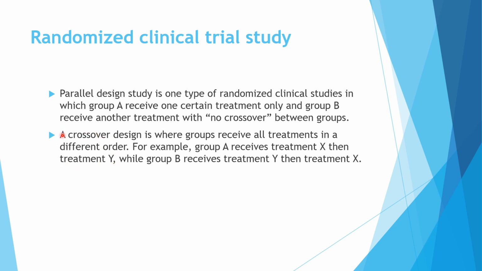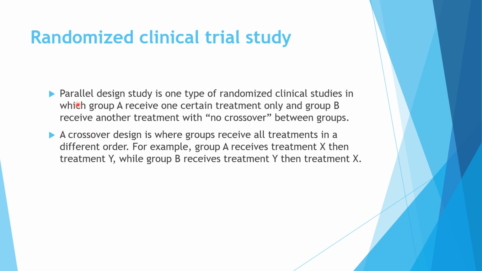It may be used, for example, to compare two medications, and it has the advantage that the patient can be their own control. So you don't have to have a different control. The patient can be the control of themselves.